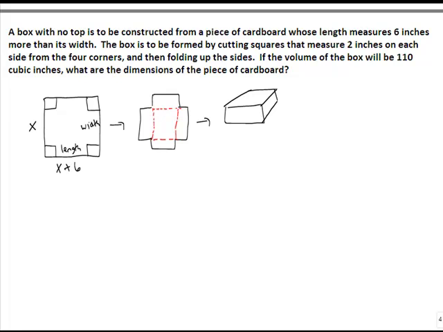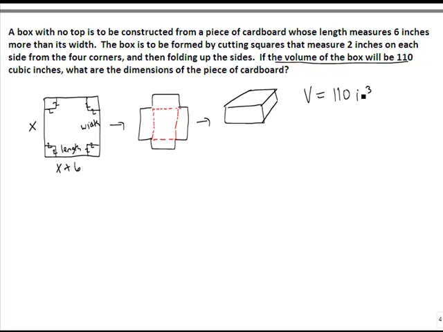Then the little squares that we're cutting out from each side are 2 inches on each side, so this is a 2 by 2 square. And when we fold up our flaps, we end up with this new box, and the volume of the box will be 110 cubic inches.